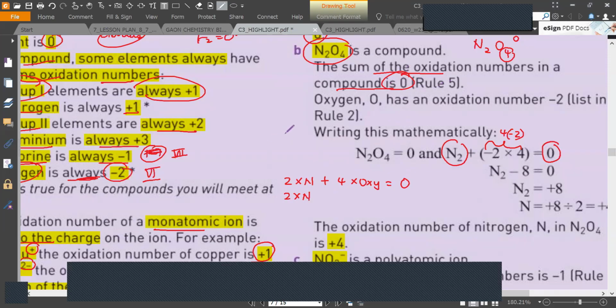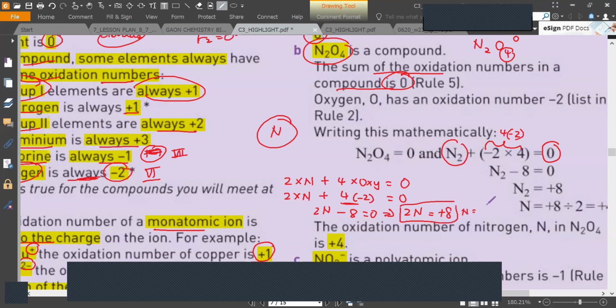So we want to work out the oxidation number of nitrogen. Oxygen is negative 2. So 2 times n, 2n, plus 4 times negative 2, minus 8, equals 0. So 2n equals plus 8, algebra, okay?